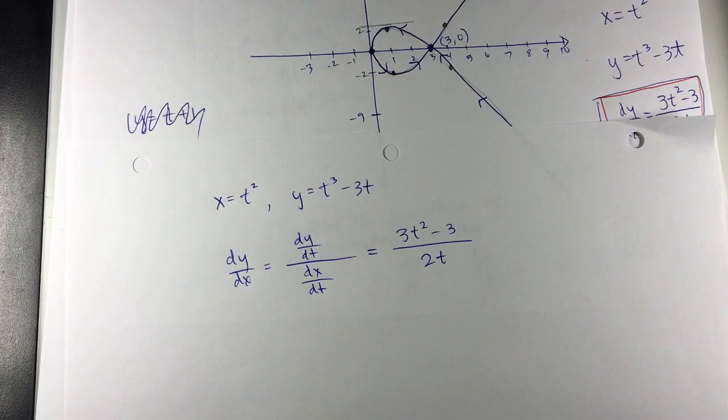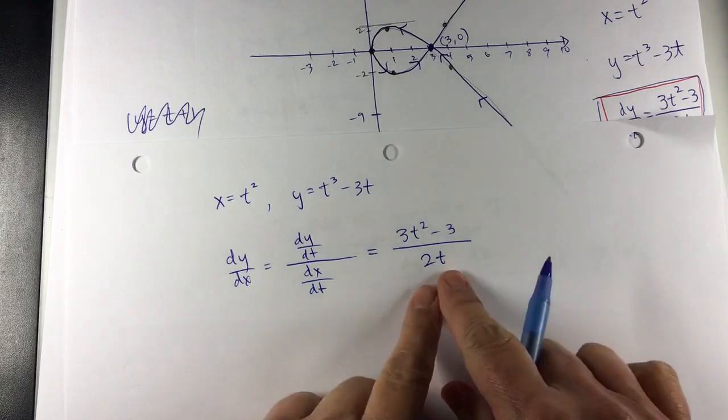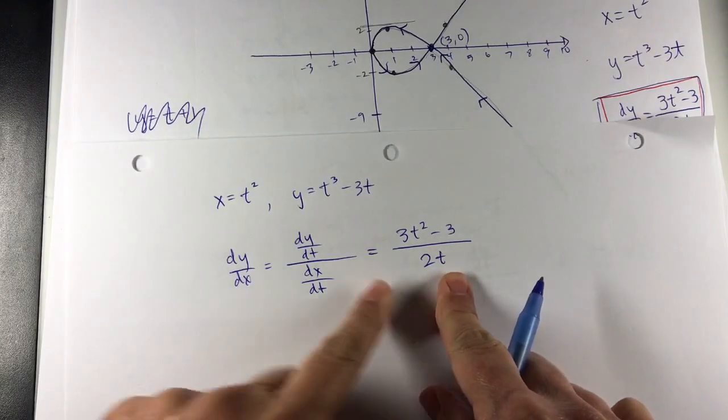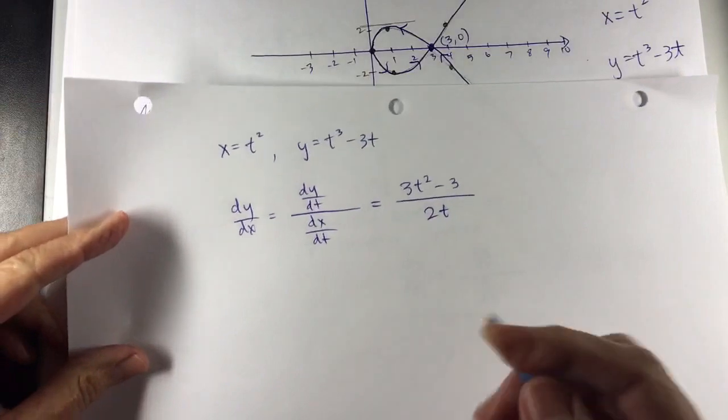And I'm saying if the derivative dx over dt is not 0, but what happens when the derivative of x with respect to t is 0? You're thinking the flip. Vertical tangent line. So let's do that.